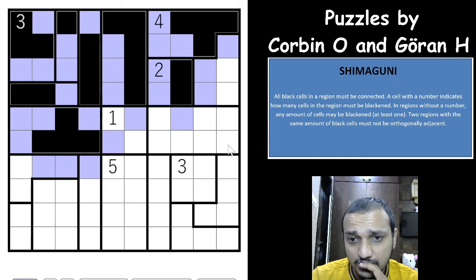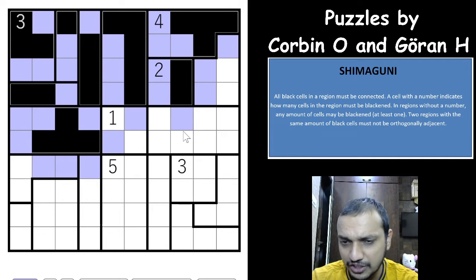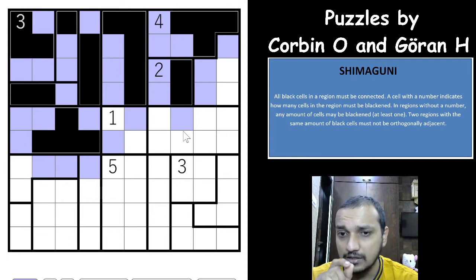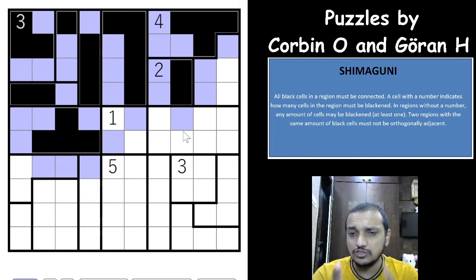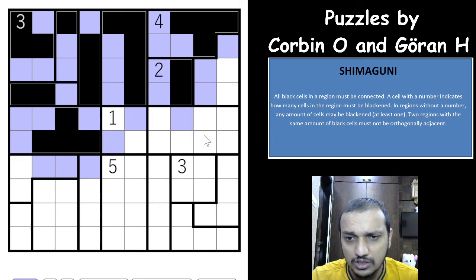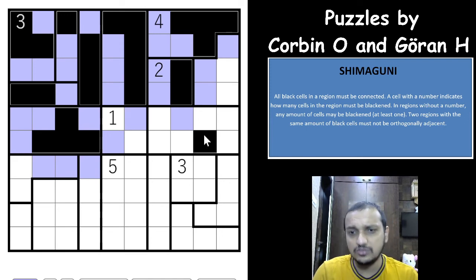Again, if you see this region now, it is already orthogonally connected to regions with 1 cell shaded, 2 cells shaded and 3 cells shaded. At least 4 cells would have to be shaded here, and if we use the rule that all these shaded cells will have to be connected to each other, this is the mutual cell, or this is the common cell that has to be shaded in this region.